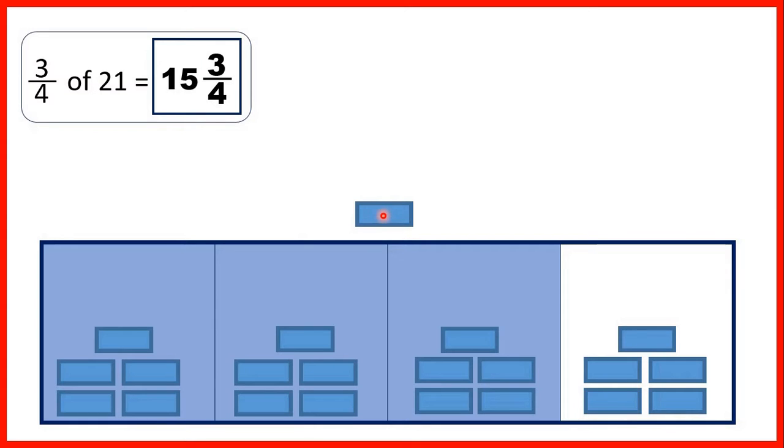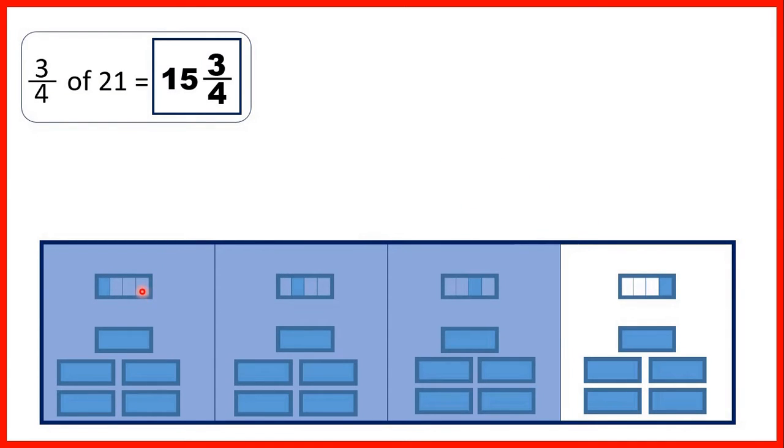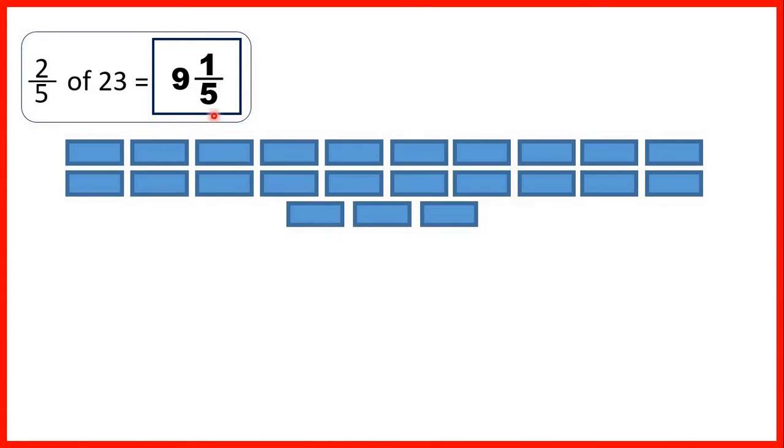Then with this remaining block, because we're finding quarters, we can split it into quarters and then share out 1/4 in each of our quarters. So we have 1, 2, 3/4 in what we've shaded, so that's why we have 3/4 in our answer.